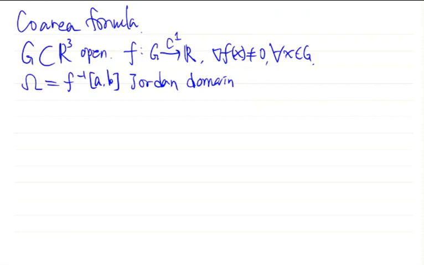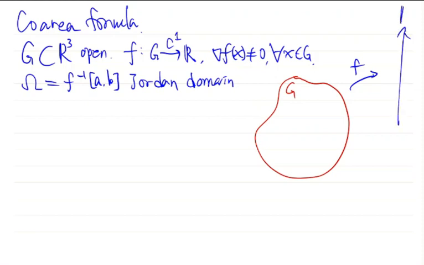We consider this picture. So this is G, and f is a function defined over G to the real axis.